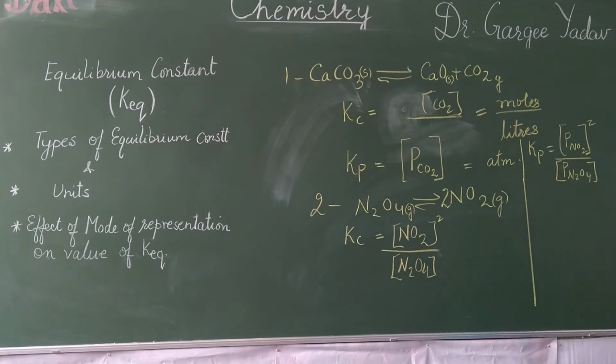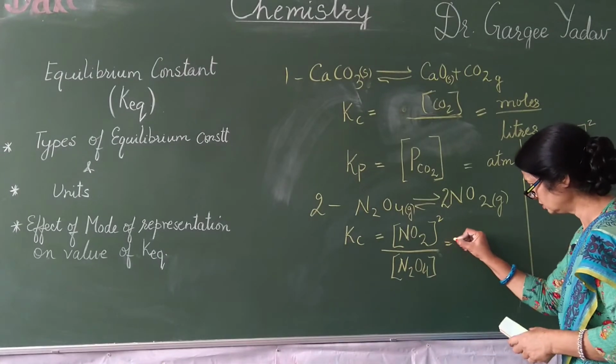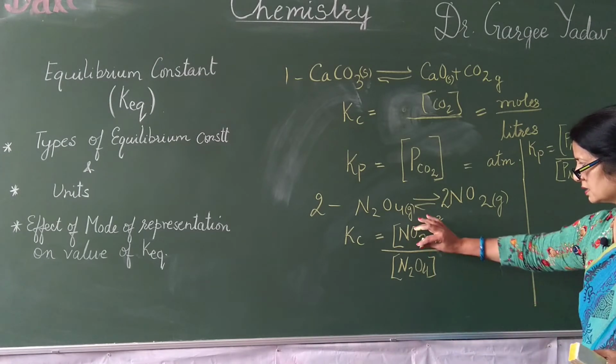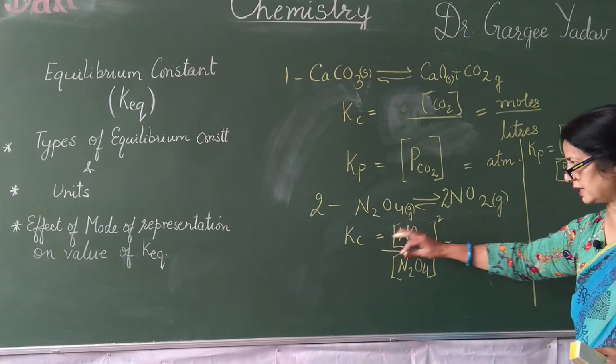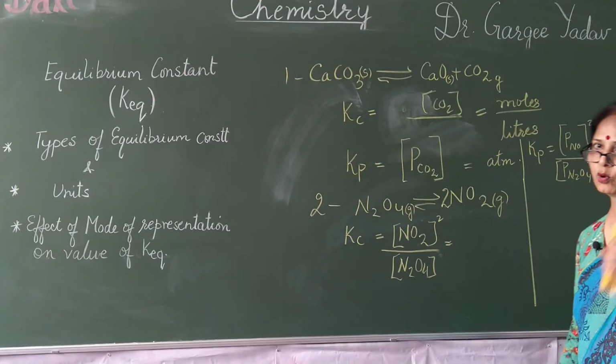Now calculate its units also. This is NO2 raised to the power 2, and this is in moles per liter, since we are calculating Kc and the concentration will be taken as moles per liter.